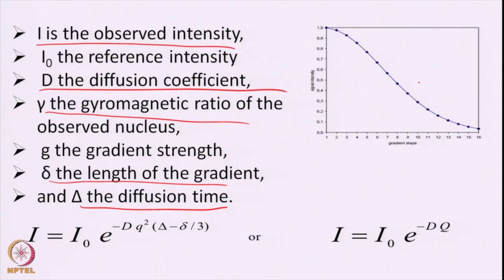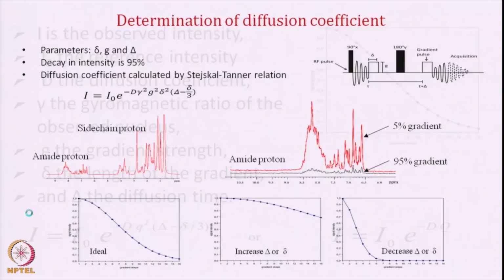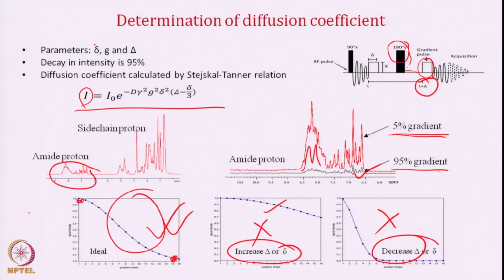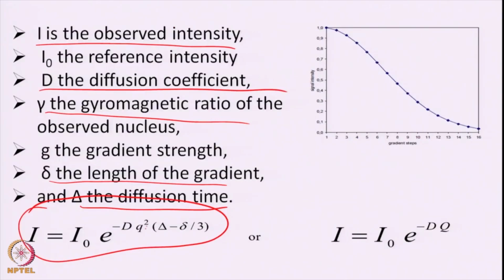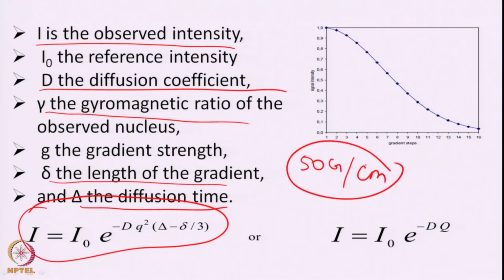If we do that, you can fit this equation, and this equation, as I said, this Stejskal-Tanner equation, can be simplified. How can you simplify it? Gamma is constant and G we are keeping from 5% to 95%. A typical gradient strength for a spectrometer is 50 Gauss per cm, so you can include that value.